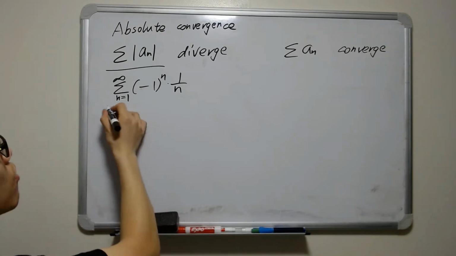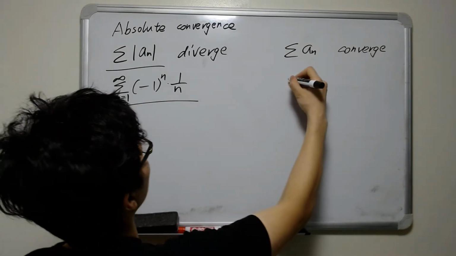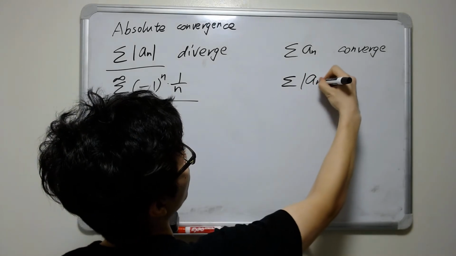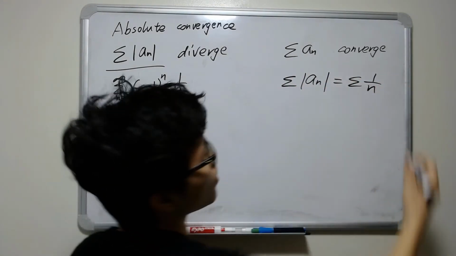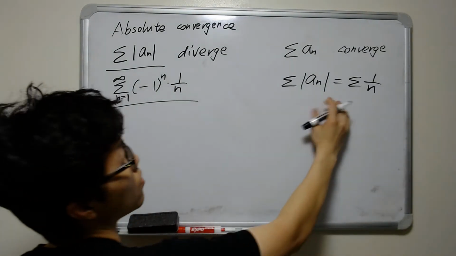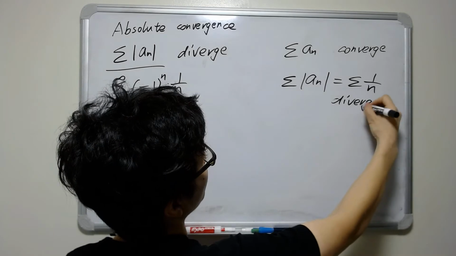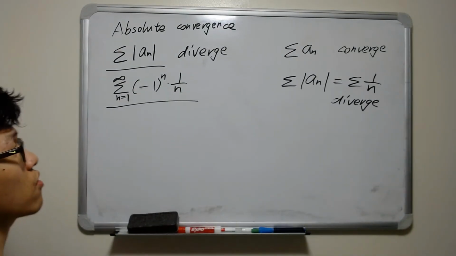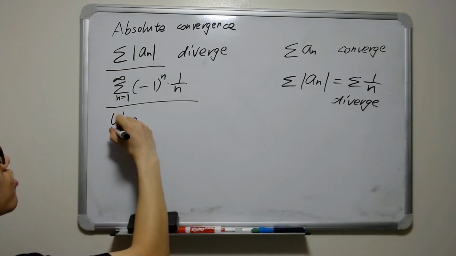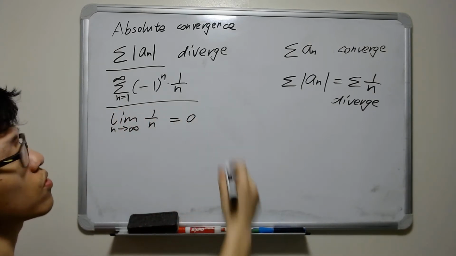Okay, so for example, in this case, we know the absolute value of the series is the sum of 1 over n, which is the harmonic series, and this one diverges. But from the alternating series test, we know the limit of 1 over n goes to 0.